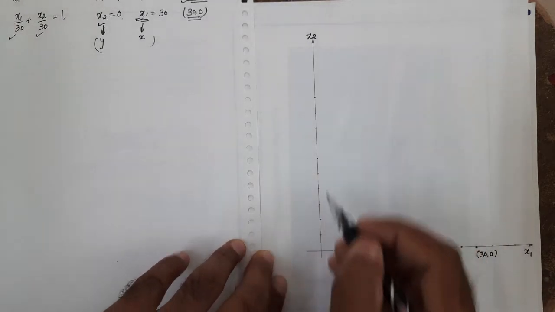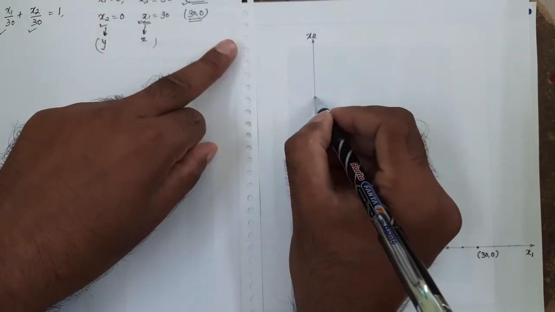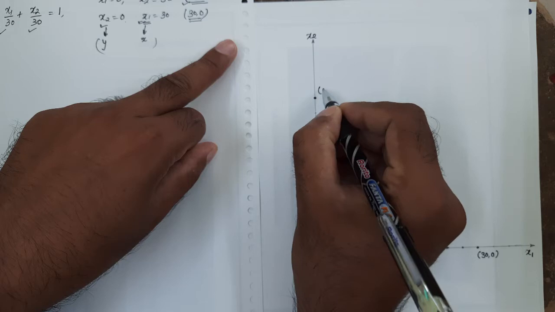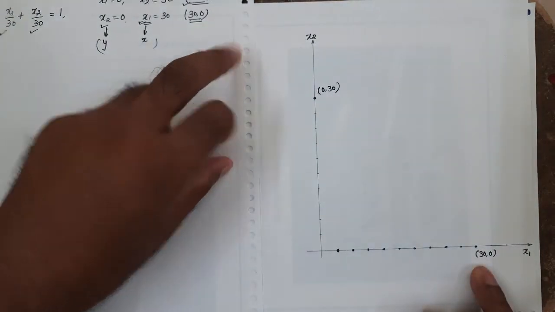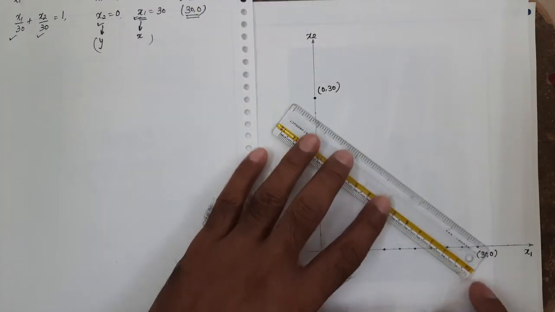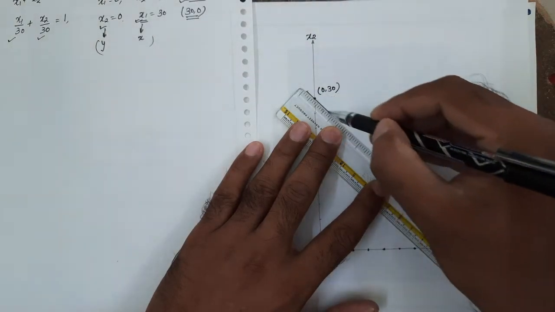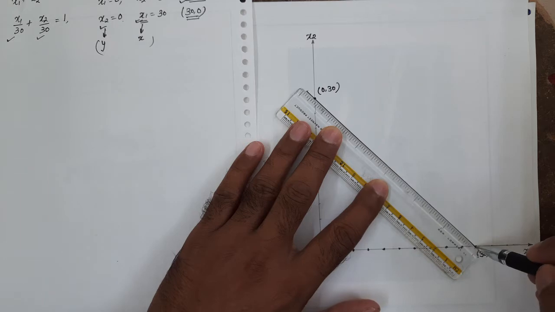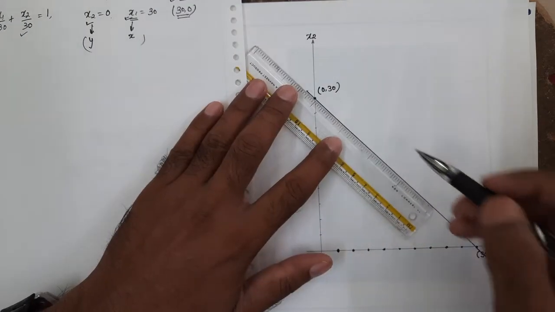Similarly, on the y-axis we take the second point 0 comma 30. You can draw your constraint by joining these 2 points. This is constraint 1.